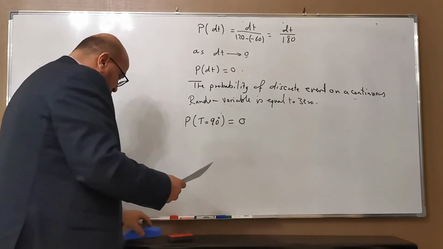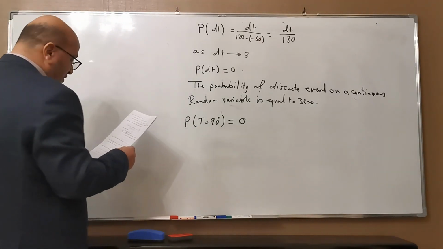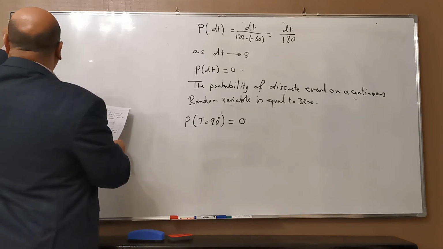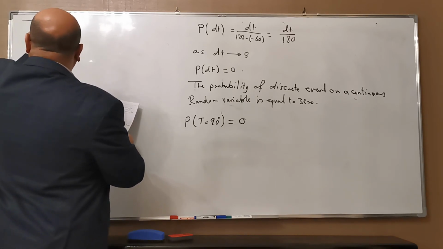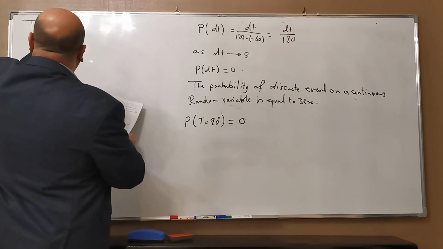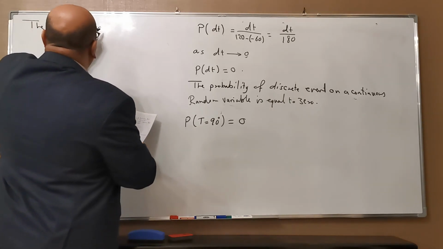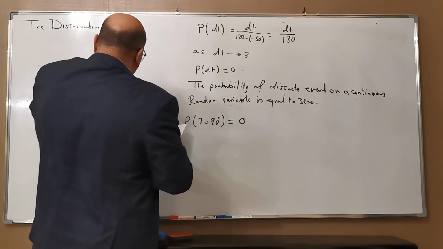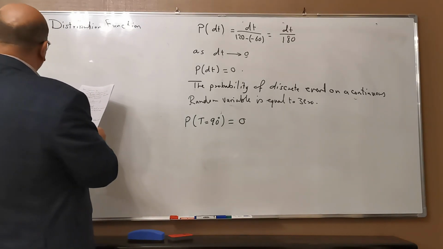Now, to study the random variable more, we have to define some functions over the random variable. And the first function that we need to define over the random variable is the probability distribution function. And shortly, we call it the distribution function. So it's a function, and its definition is as follows.